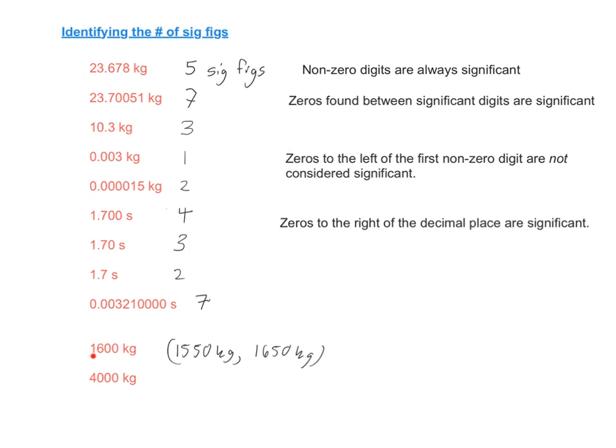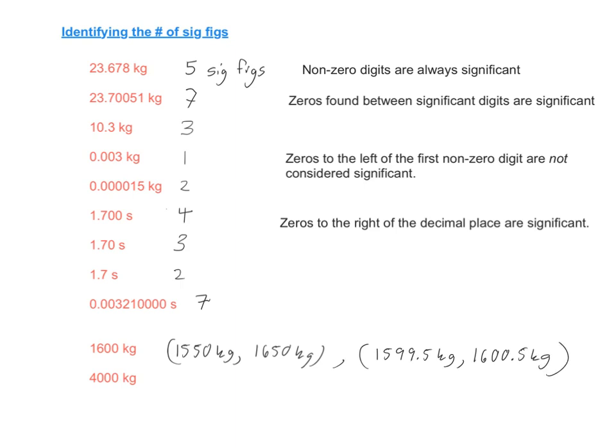But maybe you really mean, no, it's 1,600 kilograms, and you really think that there are 4 significant figures here, in which case you'd be claiming that the actual range is somewhere between 1,599.5 kilograms and 1,600.5 kilograms.